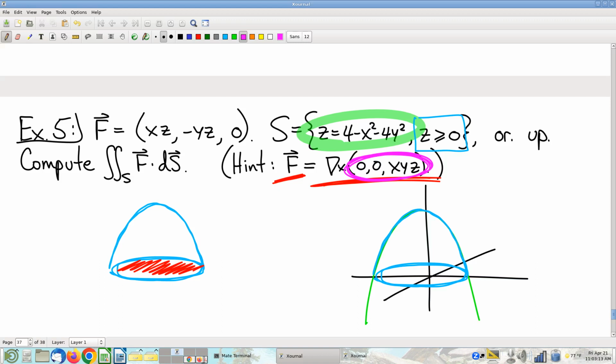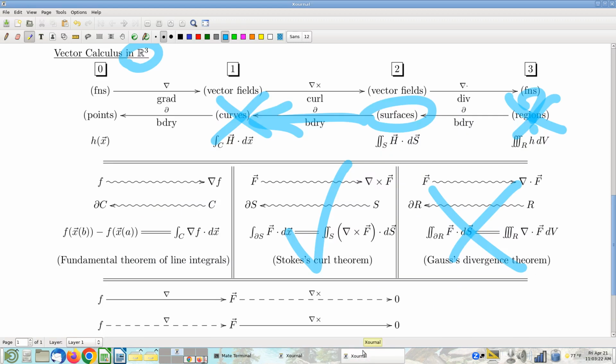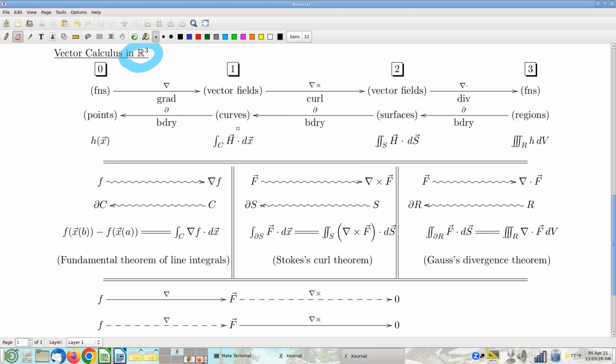So we know the anti-curl, thankfully, because we don't know how to compute anti-curls, right? So very valuable that this question has actually given us that. We know the anti-curl, and we know what that boundary curve looks like, and so the flux that we've been asked to compute, I could alternatively compute that line integral. Everybody good?